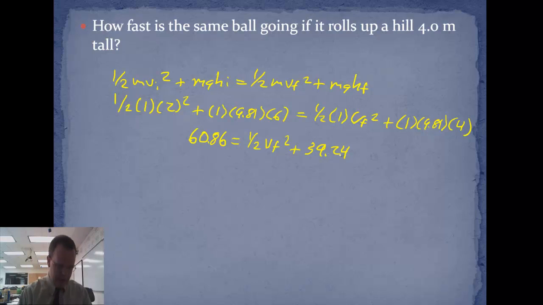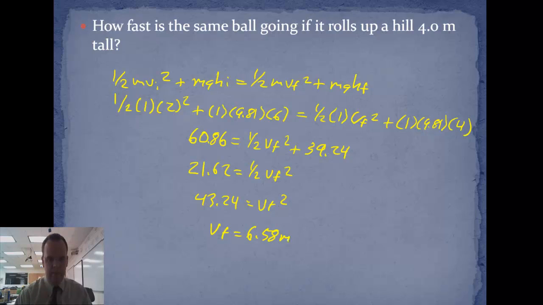So the first thing I have to do is subtract 39.24 from both sides. You get 21.62 equals half v final squared. Then divide by a half. You get 43.24 equals v final squared. And then take the square root of that. 6.58 meters per second. So previously it was 11. Now it's going to be a lower velocity because it has more potential energy, so less kinetic energy.